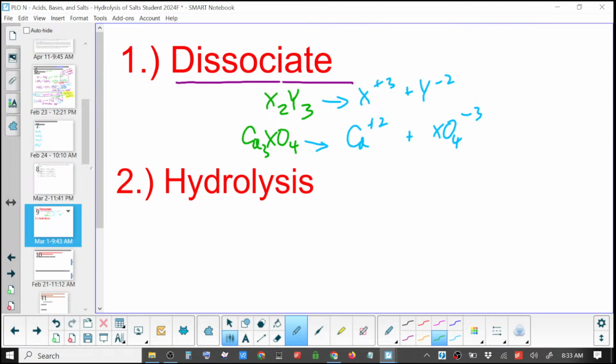You're just missing some balancing as well. How many calciums are on that side? 3. How many should be on this side? 3. Yeah. 2X and 3Y. What's your result?